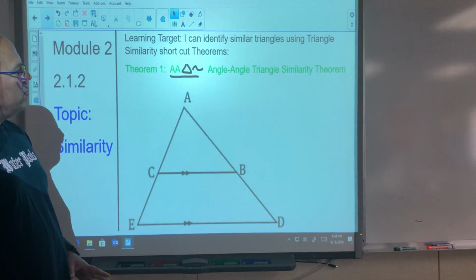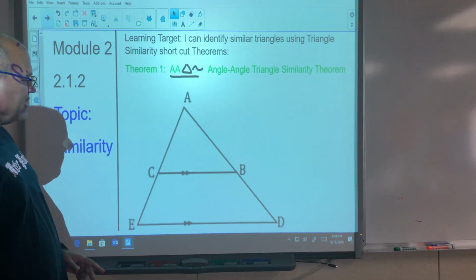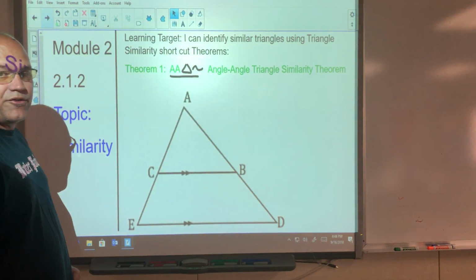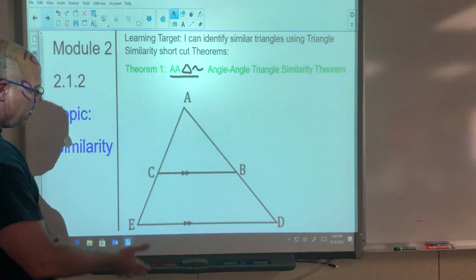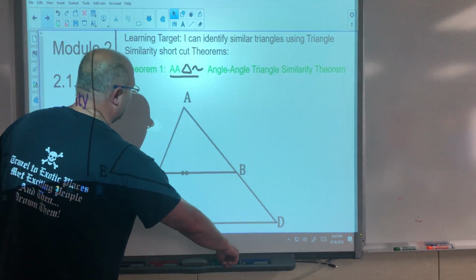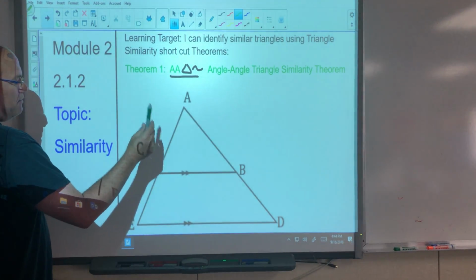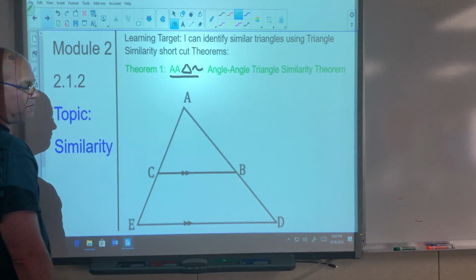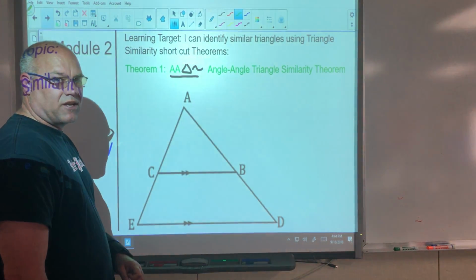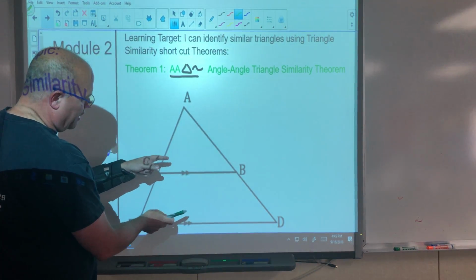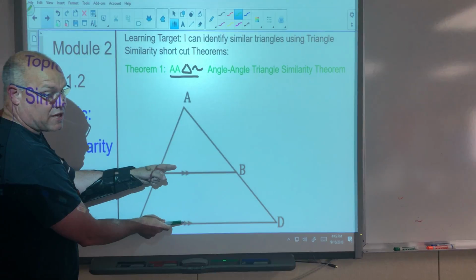All right, first one. Angle-angle triangle similarity theorem. What this says is if we have two corresponding angles that are congruent, then the triangles are similar. That's our shortcut. Here we have triangle ABC and triangle ADE, with parallel segments, which gives us some information. We know from previous units that corresponding angles are congruent when lines are parallel.